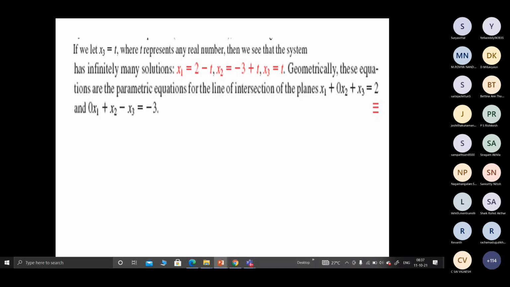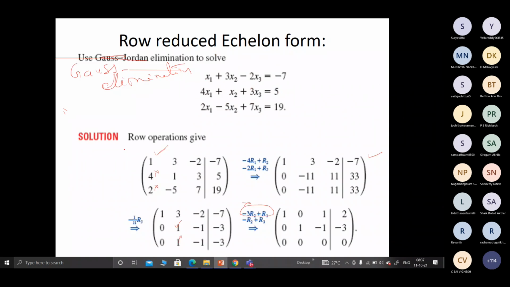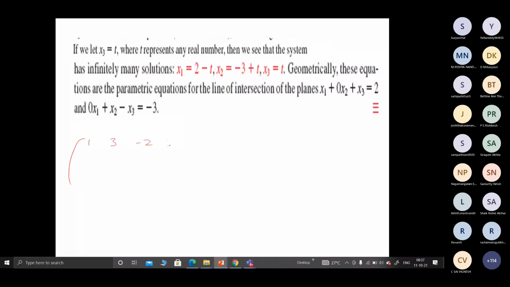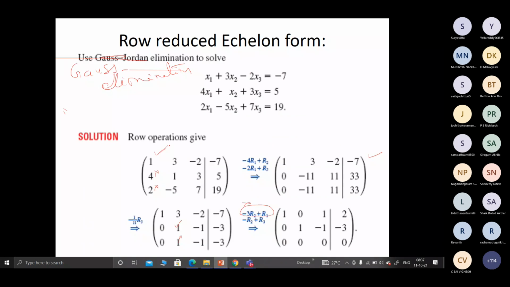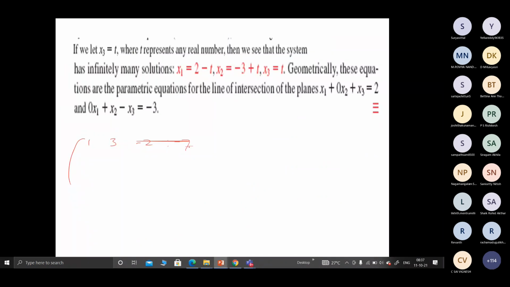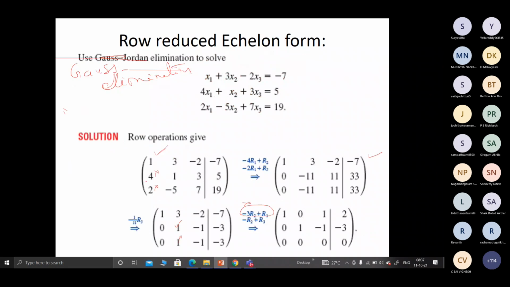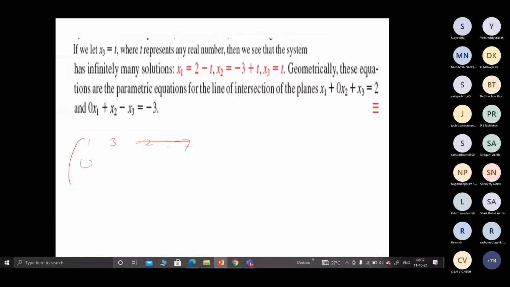Let me write that if you want. What is that? First row: 1 3 -2 -7. Then 0 1 -1 3, 0 1 -1 3.